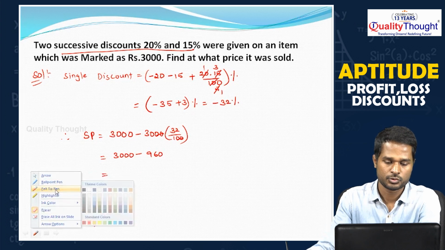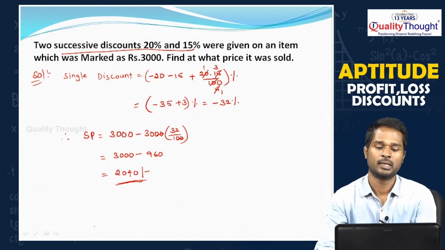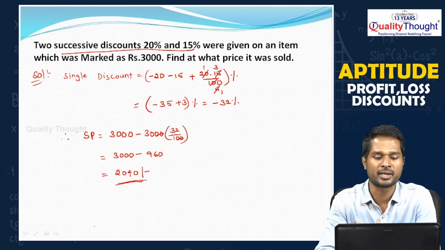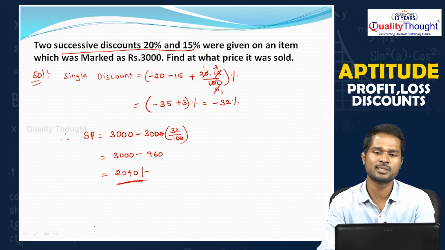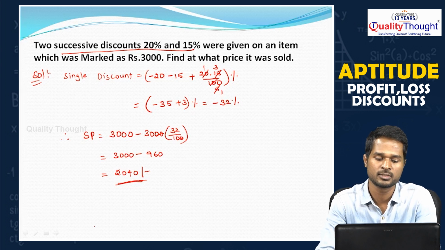So 3000 minus 960 is 2040 rupees. By giving two successive discounts on a market price of 3000 rupees, the material was sold finally for 2040. So 3000 rupees is the market price printed on the material, the single discount being given is 32%, so 3000 minus 32% is 2040. At 2040 rupees he sold that material.